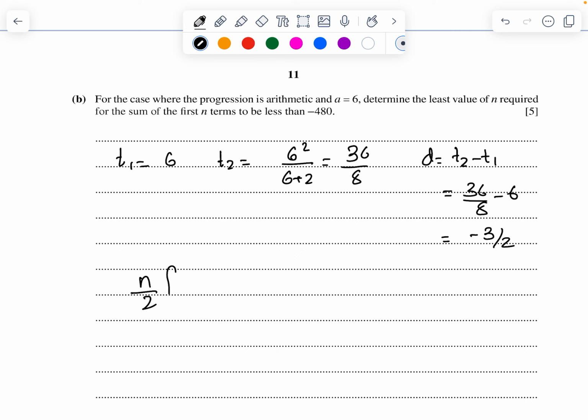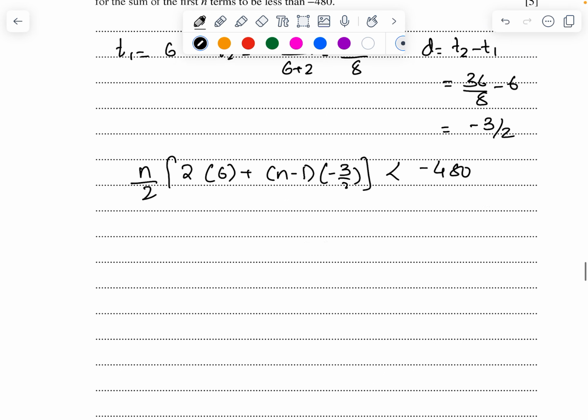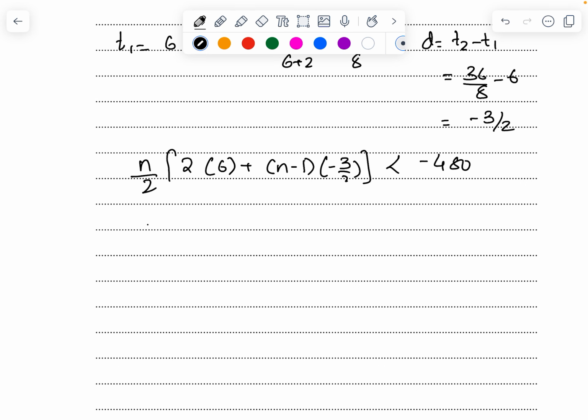Now sum to n terms: n upon 2 times 2a plus n minus 1 times d is less than negative 480. So n upon 2, 12 minus 3n plus 3.